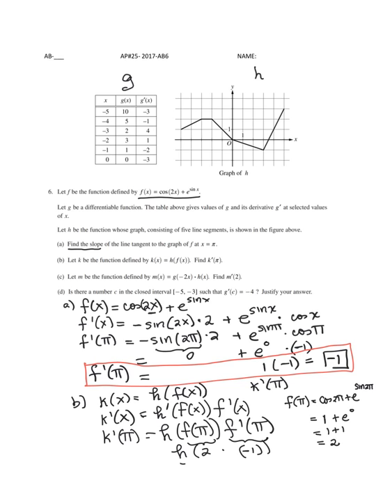And now we're finding h of 2 times negative 1. Okay, let's just correct that quickly. So h of 2, we look on the graph. Okay, so h of 2, we look on the graph.